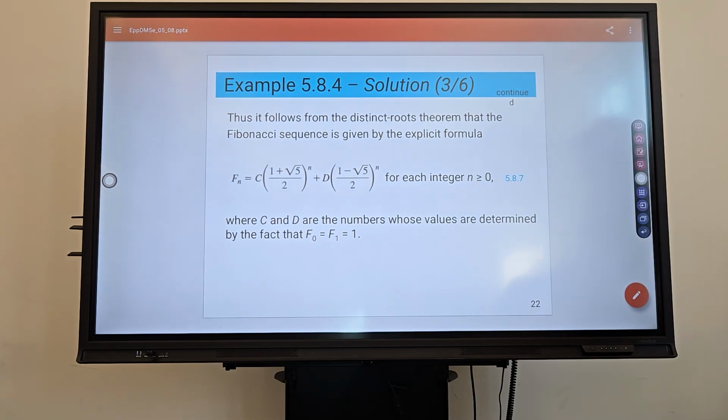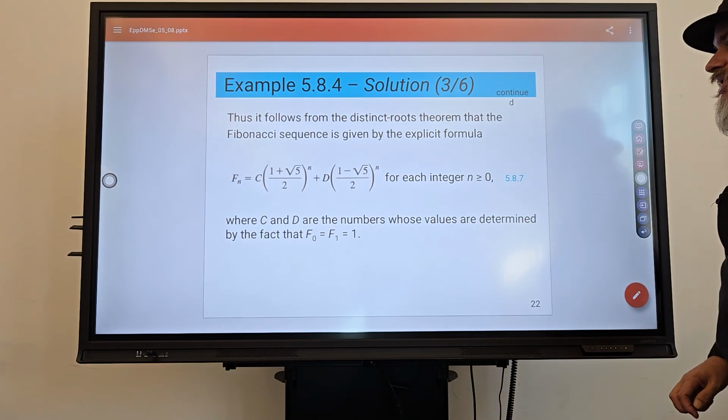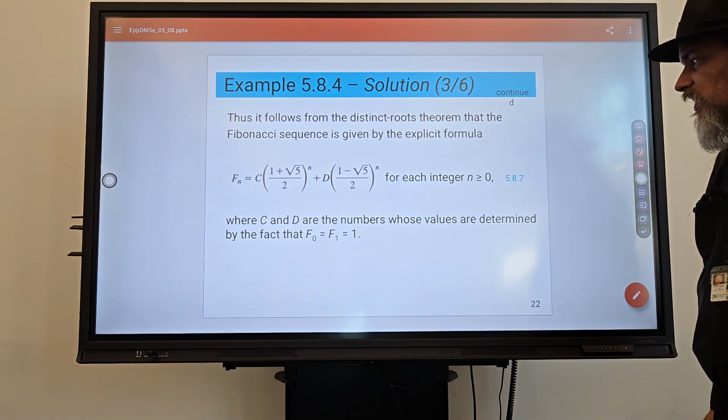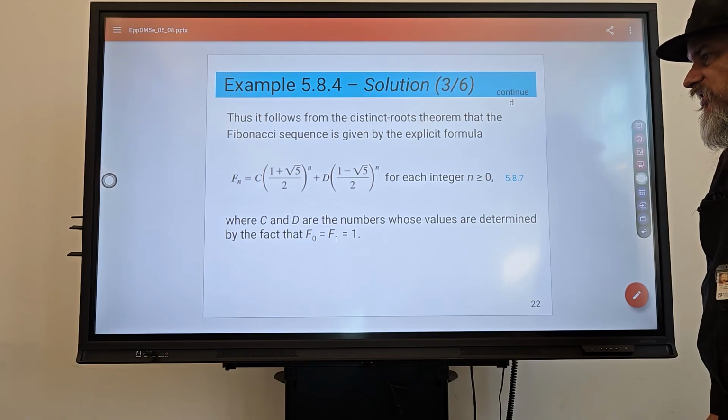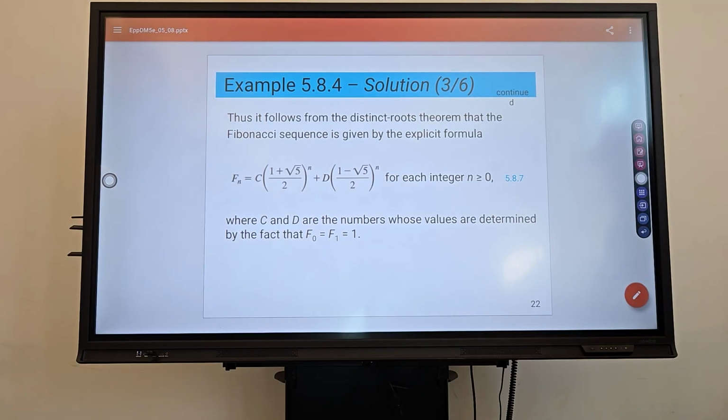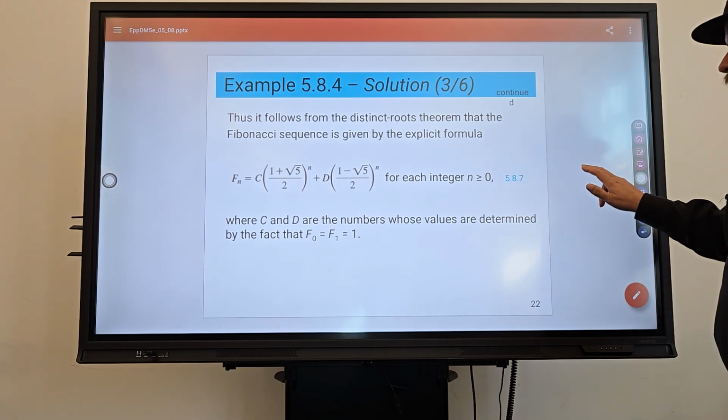Thus, it follows from the distinct roots theorem that the Fibonacci sequence is given by the explicit formula C times that expression plus D times that other expression to the n for each integer n greater than or equal to 0, where C and D are the numbers whose values are determined by the fact that f0 and f1 are equal to 1.